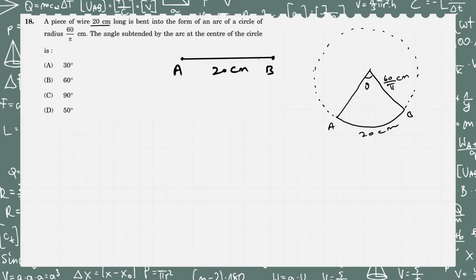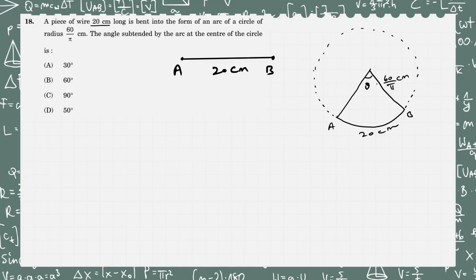Suppose we bend this AB in the form of an arc like this, the same length only will be there, right? So the arc AB will be having 20 centimeters as the length, and if that completes one circle, this angle theta will be the central angle, which is subtended by the arc at the center of the circle, right?